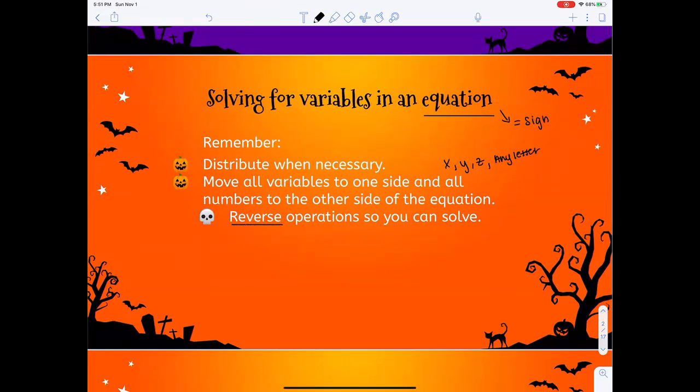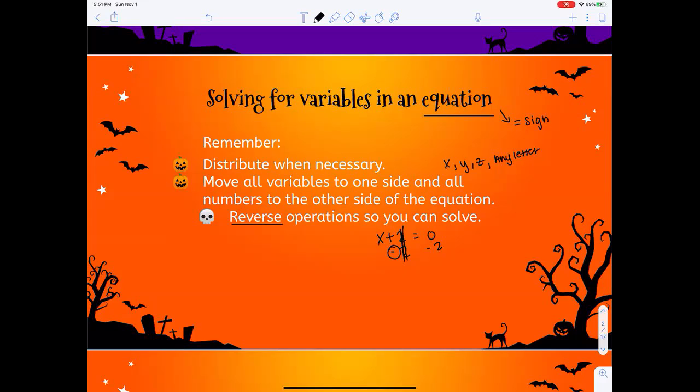And then you'll use reverse operations to solve. So, for example, if on the side where you have X and you want to get rid of a number, if you're adding, for example, X plus 2 equals 0, you'll want to subtract. That's the reverse operation on both sides to get rid of this. So that's what you'll do.